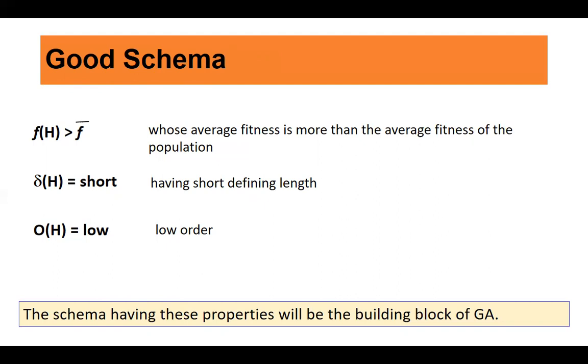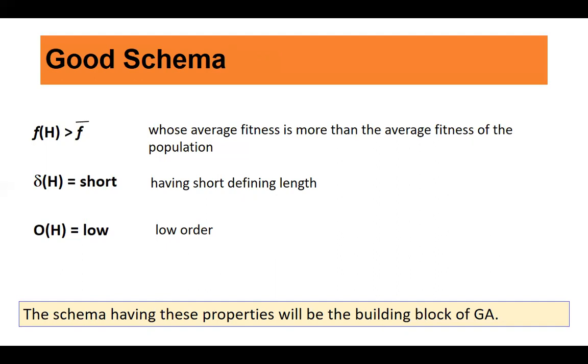The schema theorem says a schema whose average fitness is more than the average fitness of the population, whose defining length is short and which is of low order has more chances of surviving in the next generation, right? And ultimately it forms the building block of a GA process, right?